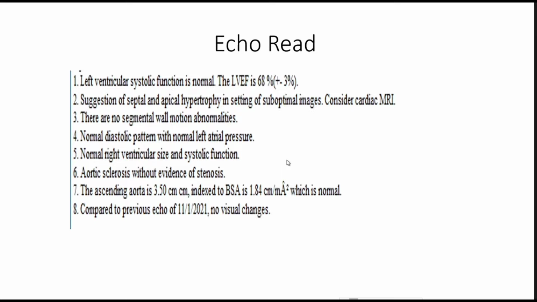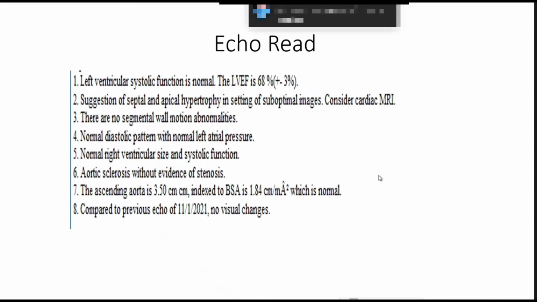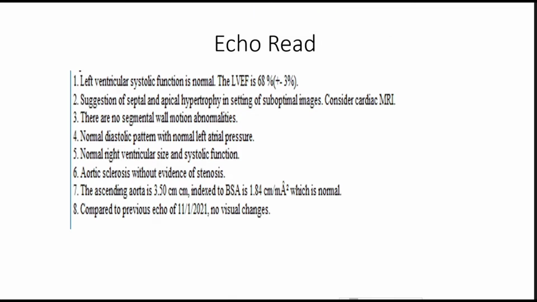So, Steve, I might interject for a sec, just on the point. If we look at the quality comments for the past month, there's a good number of comments from different readers commenting on either visualization of the apex or concern for apical pathology, whether that's apical HCM or concern for clot with LAD thrombus.